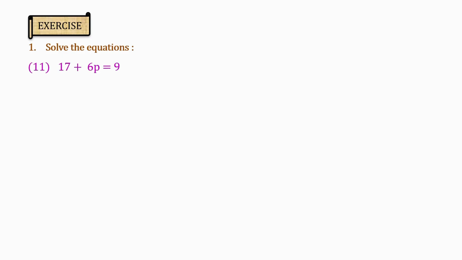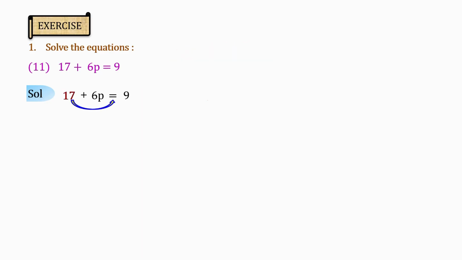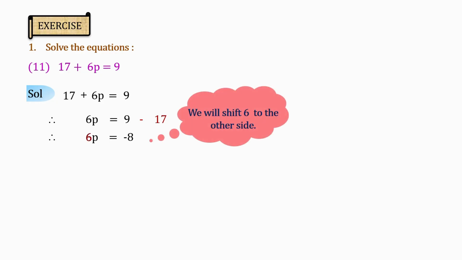Now another problem, 17 plus 6p equal to 9. Now we are going to shift 17 to the other side, and it will become minus. So 6p equal to minus 8.